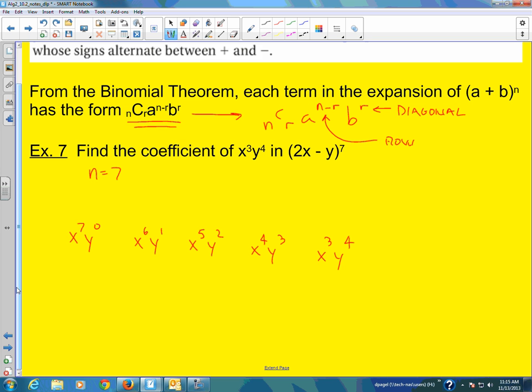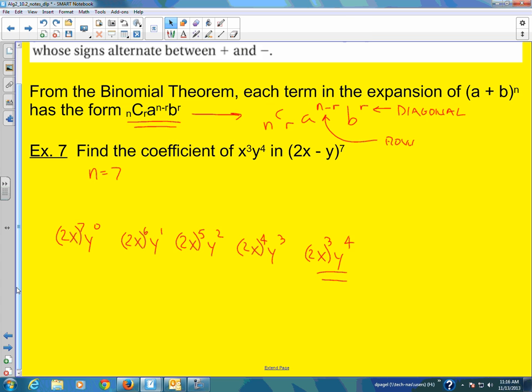All right, this is where we're interested. We're interested in what is happening out front there. Sorry, I forgot to include my 2. It's 2x that is my first term.